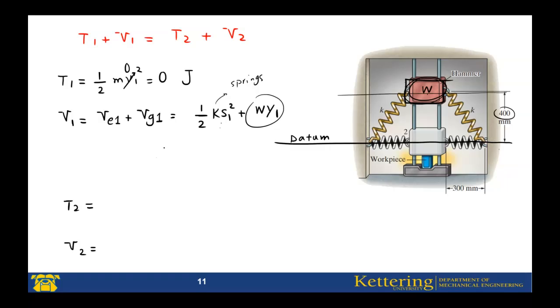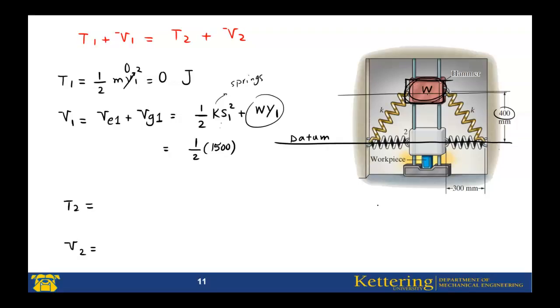Now, this equals 1 over 2 K, which is 1500. How much is S1? Can you calculate? How much is the spring stretched at state 1? How much? 200 millimeters. Yes, correct. 200 millimeters.